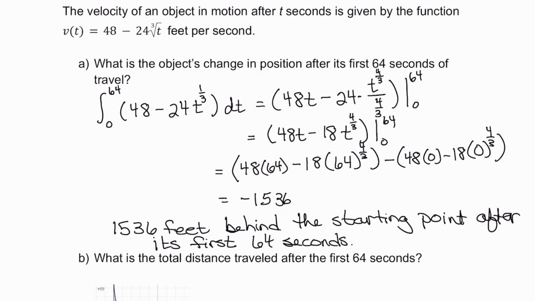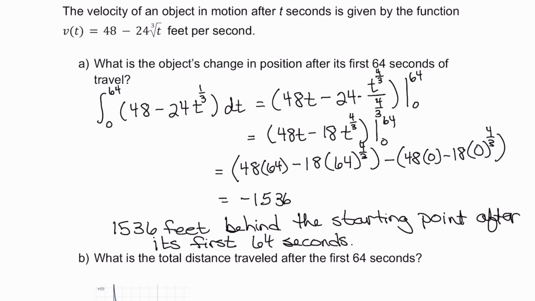Now part B asks, what is the total distance traveled after the first 64 seconds? So here what we need to do is make sure that we keep track of the distance traveled no matter which direction it's going.